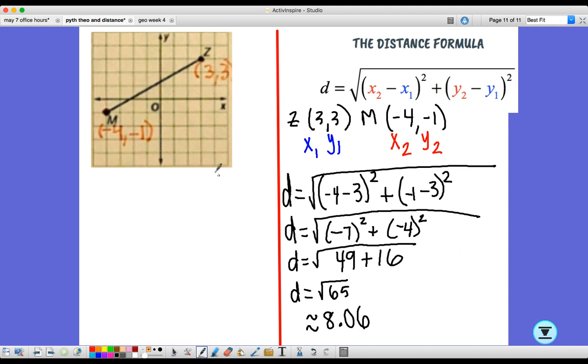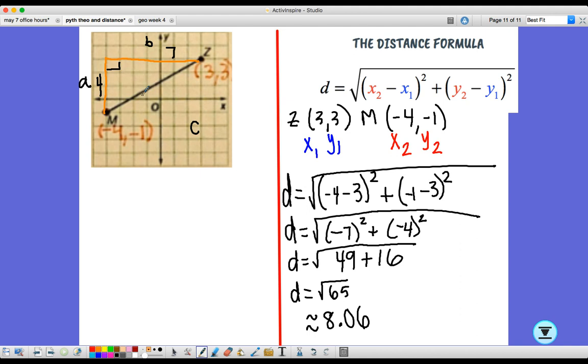Okay? If I were to use Pythagorean theorem, which should give me the same answer, I'm going to make a triangle, a right triangle, with these two lines, finding this is side A and this is side B, and my right angle is across from side C. I have A is 1, 2, 3, 4. I have B is 1, 2, 3, 4, 5, 6, 7.